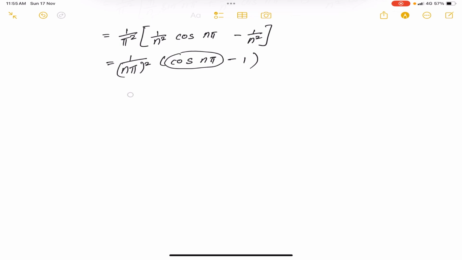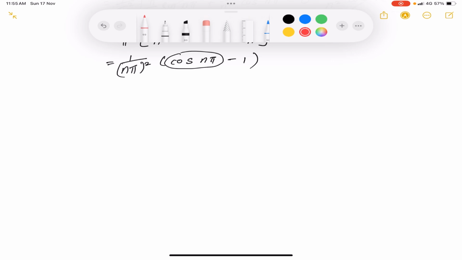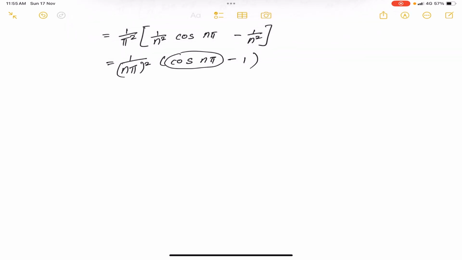So you can test cos n pi. Okay, if cos 1 pi, you will get negative 1.